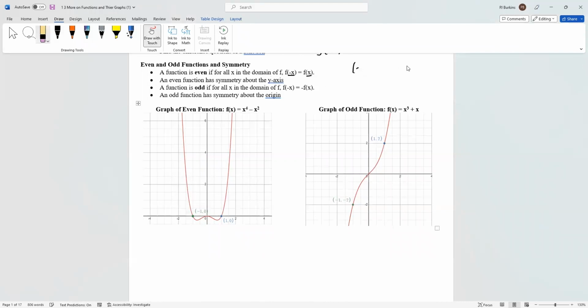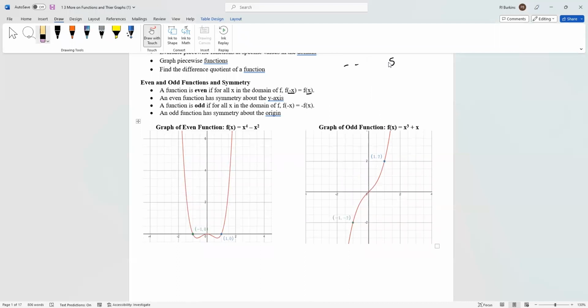What about odd functions? Well, to make a function odd, this time you have to plug -x into the function, and that has to be the same as if you plugged regular x in but took the negative of the whole thing. Okay, and we'll get more into this when we're doing it analytically. Graphically, that means that it should have symmetry about the origin. So what that really means is if I were to take this section down here, right here's obviously the origin, and I flipped this piece up here first, it would look something like this.